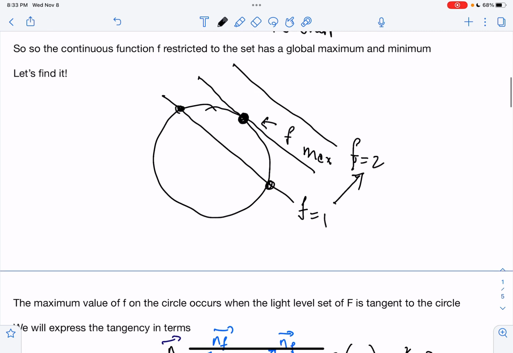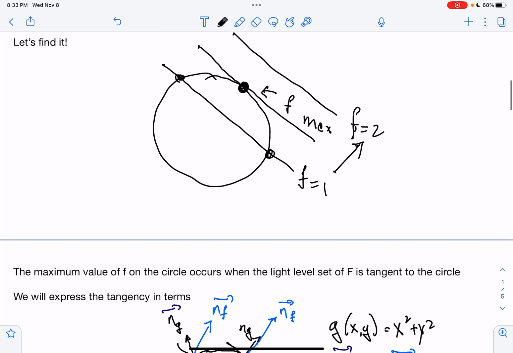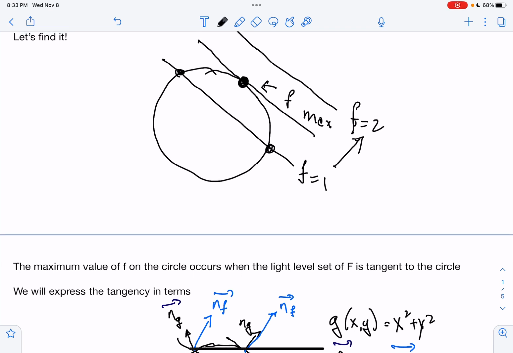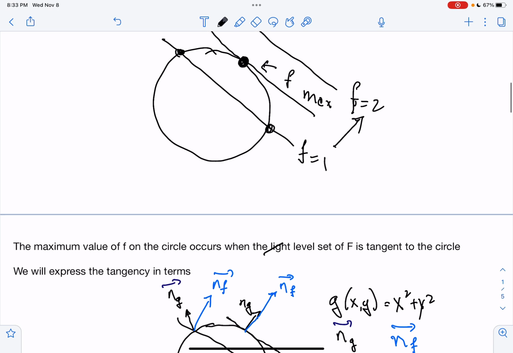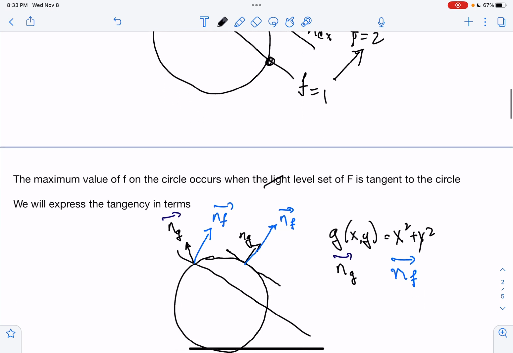Another way of saying that is that the f level set, the straight line, is tangent to the circle, and that's where the maximum will occur. So the maximum value of f on the circle occurs when the level set of f is tangent to the circle. So our focus will be, how do we find out when that tangency occurs?